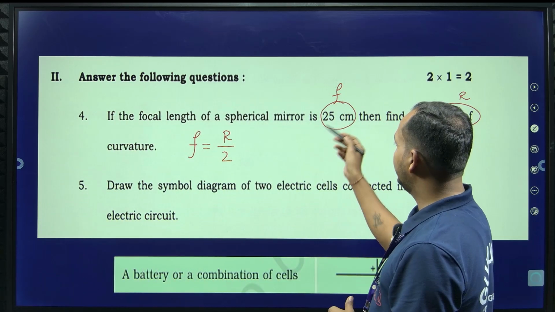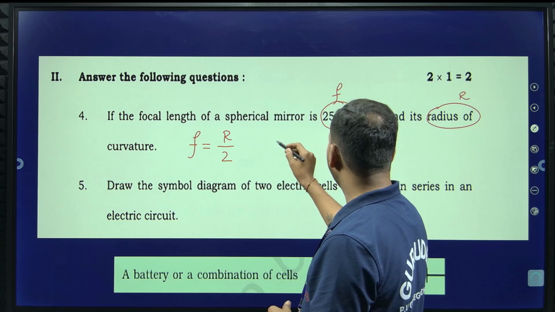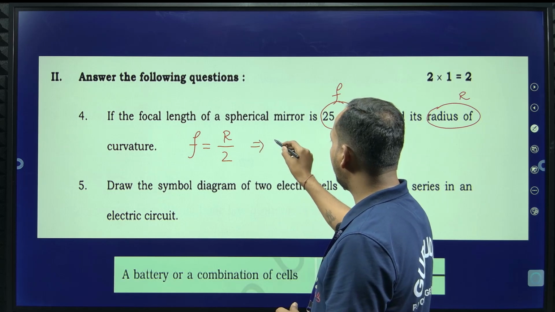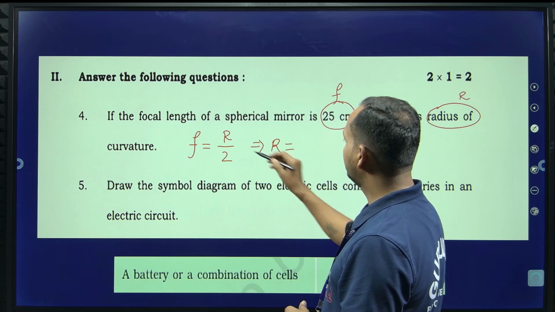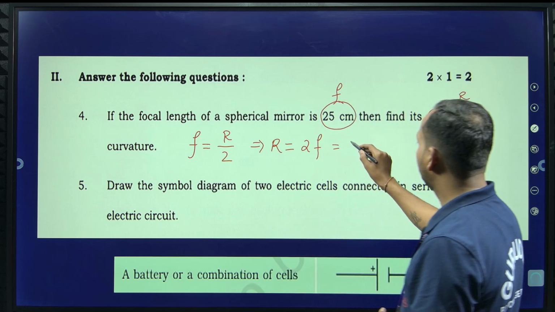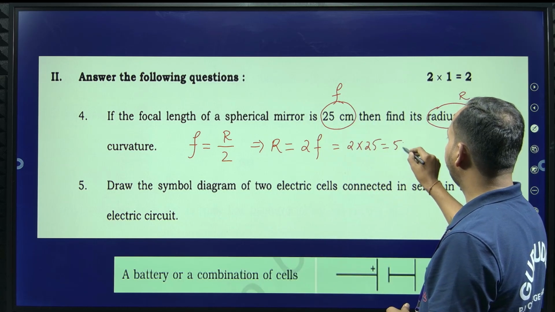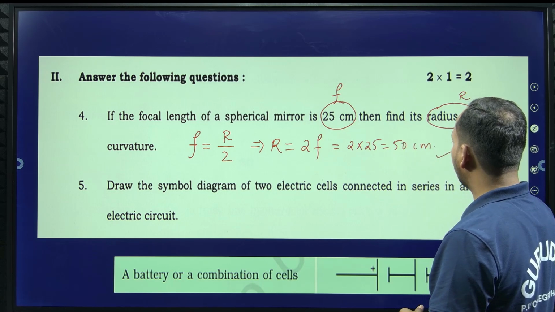Here focal length is given, so we need to calculate R. R is equal to 2F. So we can write 2 into 25, which is 50 centimeter. That is your answer.